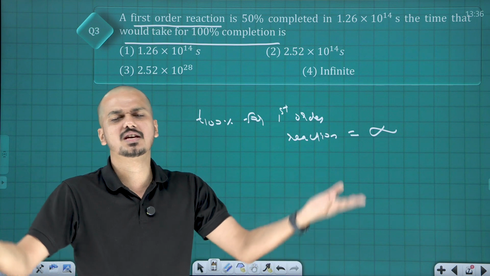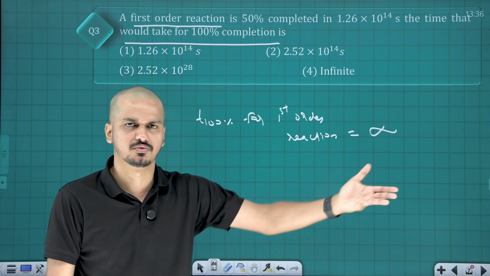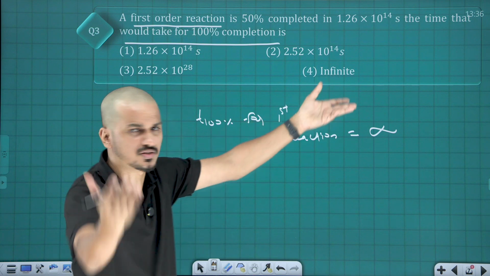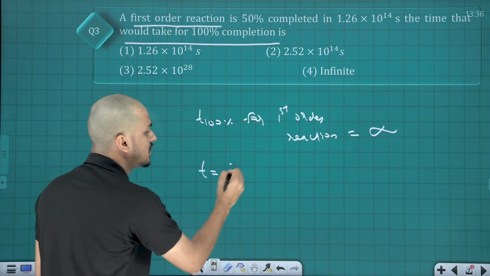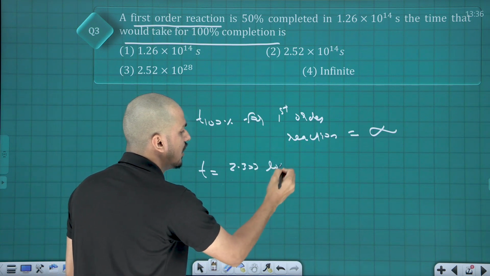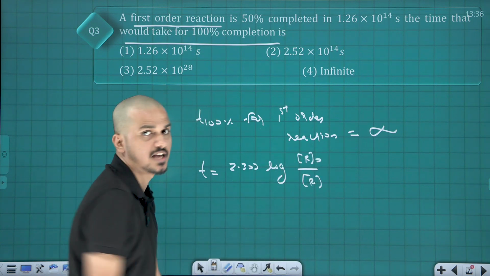Why? Because a first order reaction won't complete, it will continue. That's the thing. How? Because we know t is equal to 2.303 into log R0 by R. This is the integrated rate equation for a first order reaction.